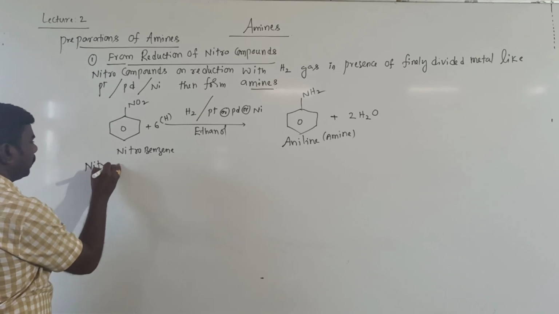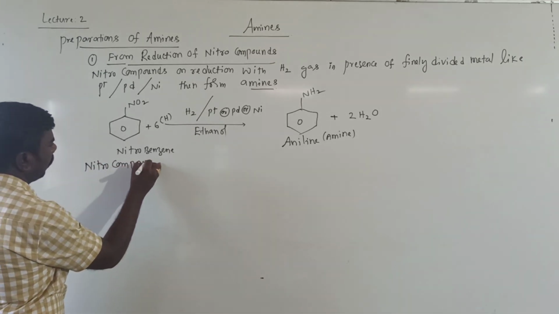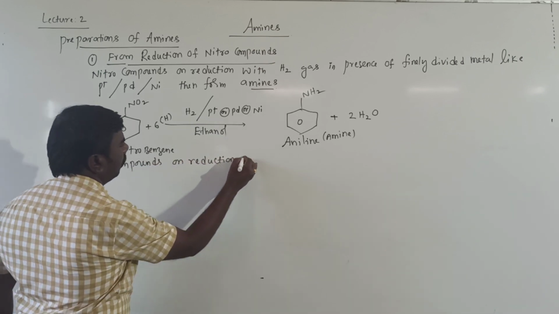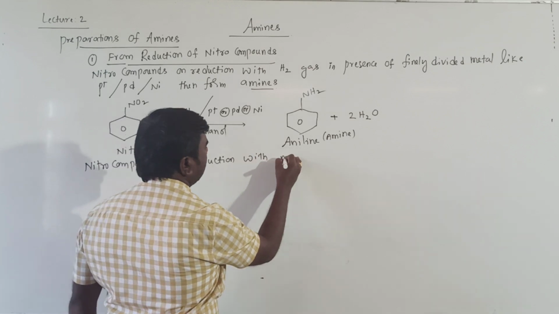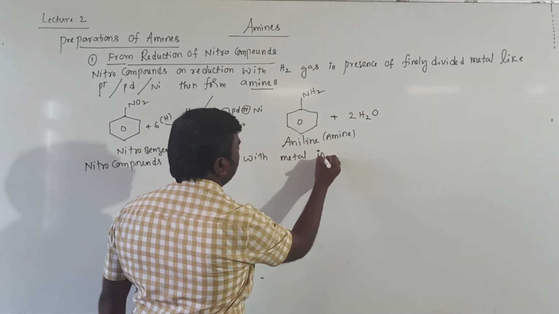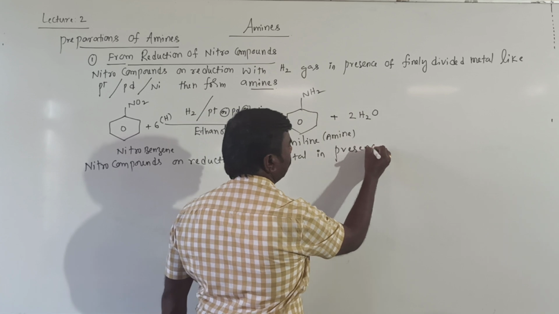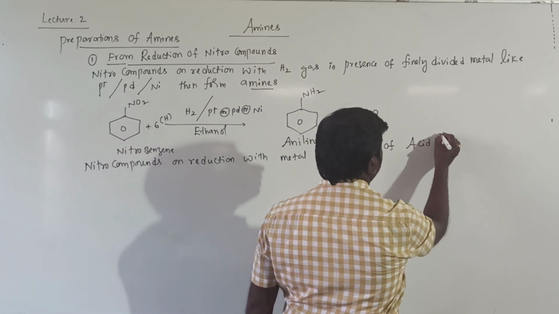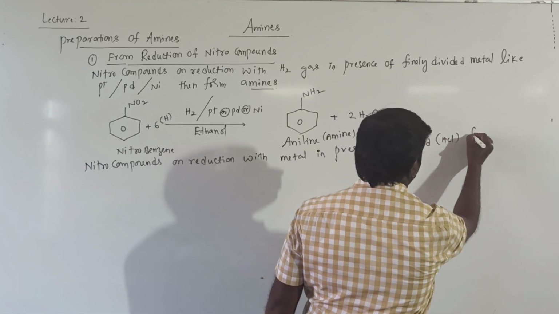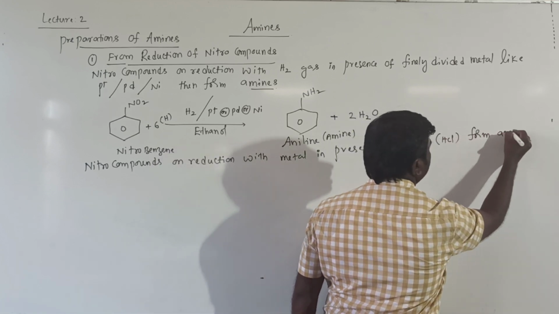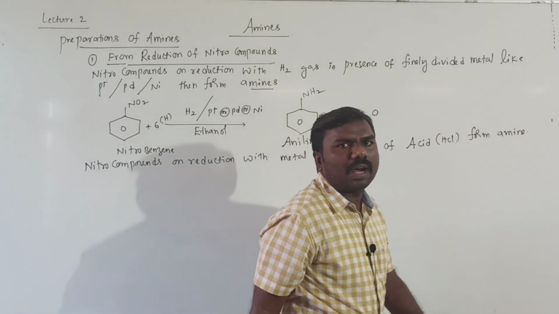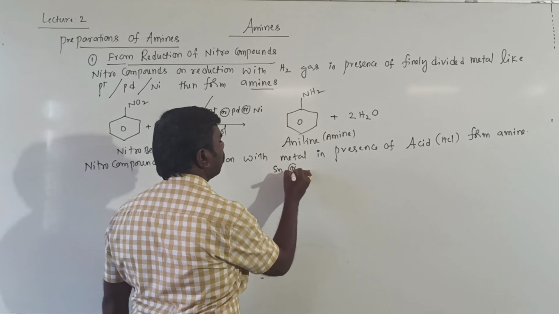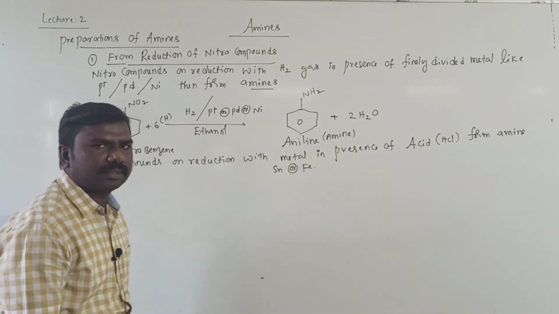Nitro compounds on reduction with a metal in presence of acid like HCl form amine. The metal may be tin or iron, whatever it is.